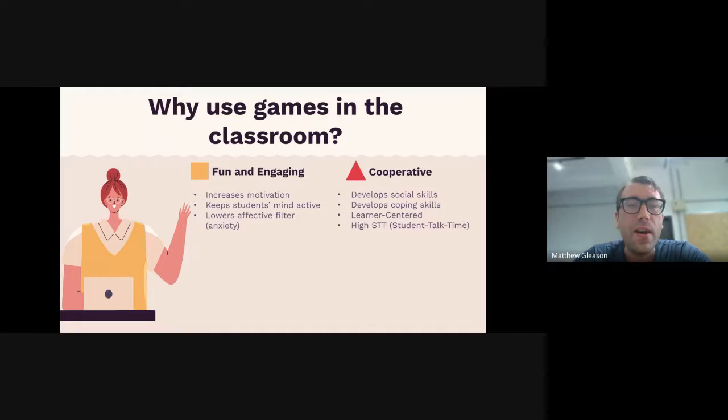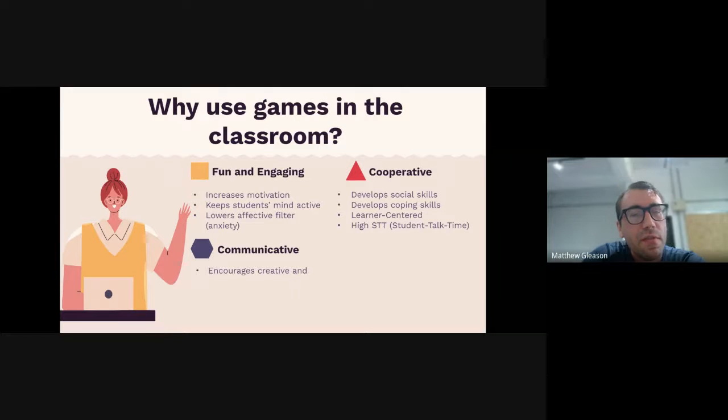Games tend to have high student talk time. It's not just the teacher lecturing or talking at the class. The students are involved in the lesson itself. Games tend to be communicative. It encourages creativity and spontaneous use of language. It develops fluency.